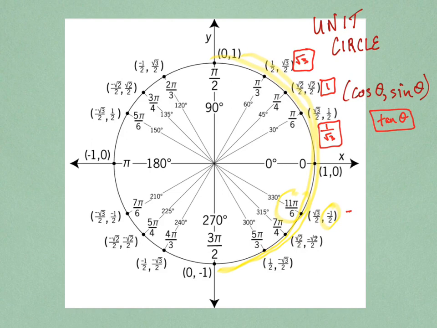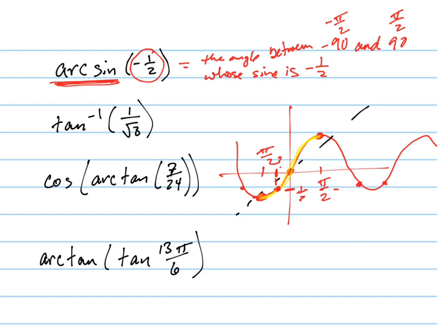You write -π/6, because 11π/6 isn't in my restricted range. Does that make sense? So your answer is, the angle between -π/2 and +π/2 whose sine is -1/2. And what's the answer for that? -π/6. So there's your answer.